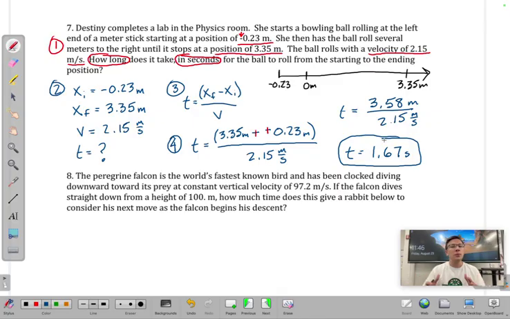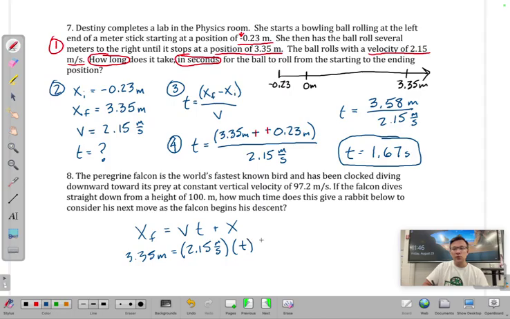I hope that all made sense with manipulating your equation. If you wanted to, you could just use, say, this equation right here. You could have just said, okay, well, 3.35 meters is final, equal to 2.15 meters per second multiplied by the time, which is what we're solving for, minus 0.23 meters.